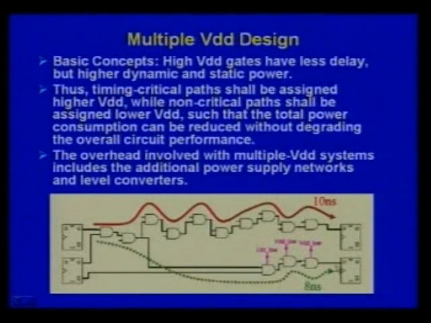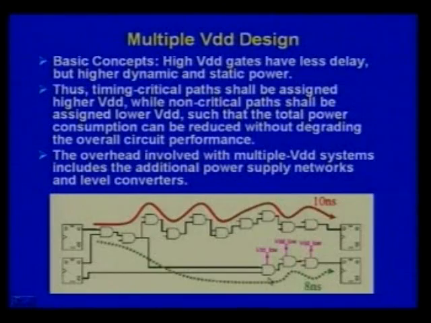As long as that is not violated, you need not bother. So what we are doing here is using two different supply voltages: higher supply voltage for the gates on the critical path and lower supply voltage for gates on the non-critical path.